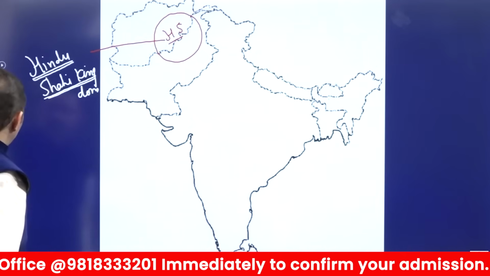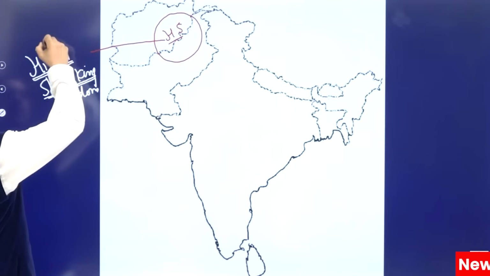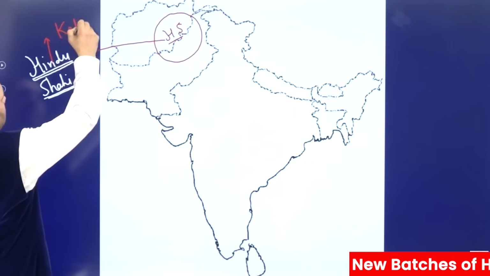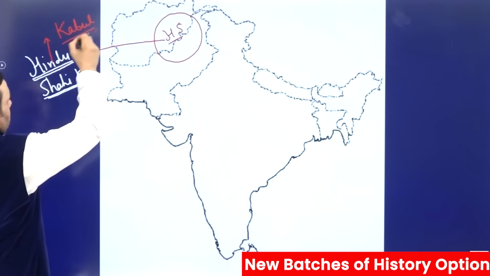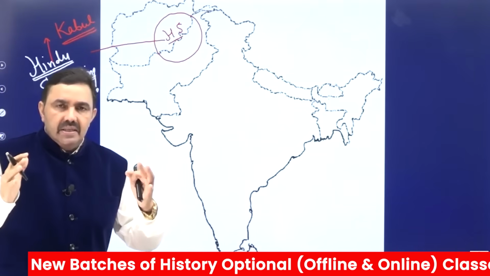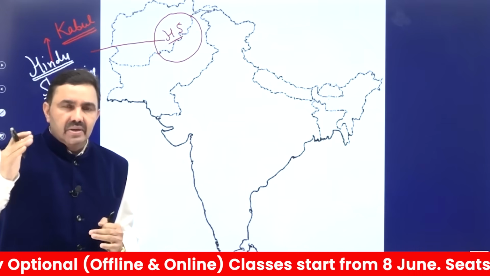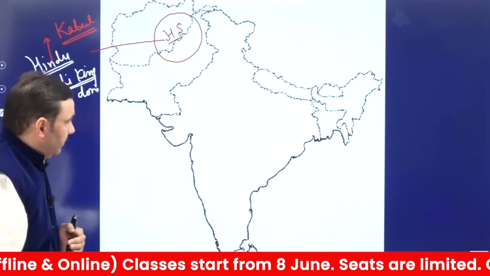Capital of Hindu Shahi Kingdom was Kabul initially. So today's Afghanistan, parts of Pakistan were ruled by Hindu Shahis during early medieval age.